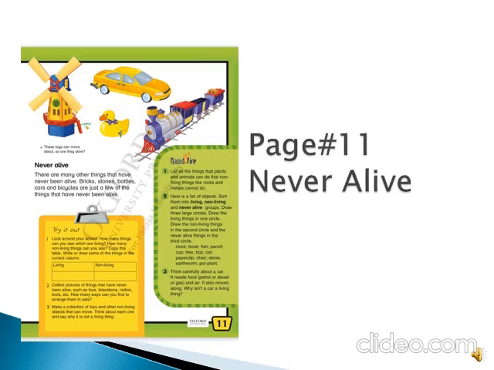Okay dear students, now look at your textbook, page number 11. There is another kind of non-living thing, that is never alive. The things that have never been alive are called never alive.